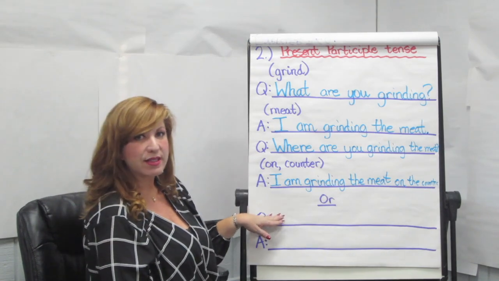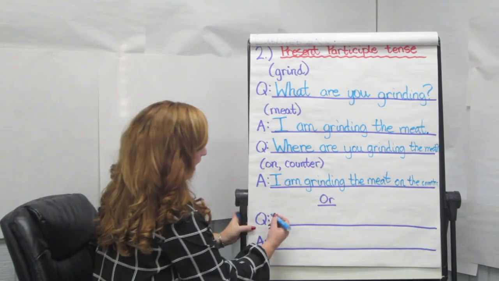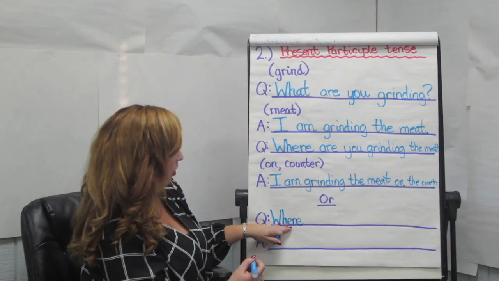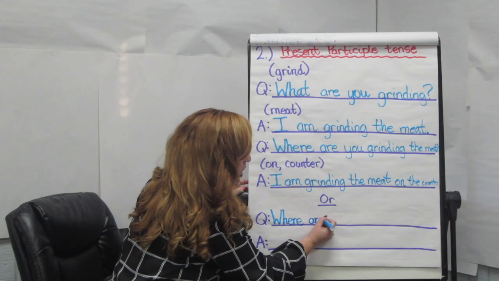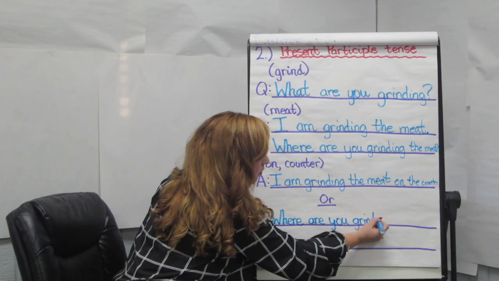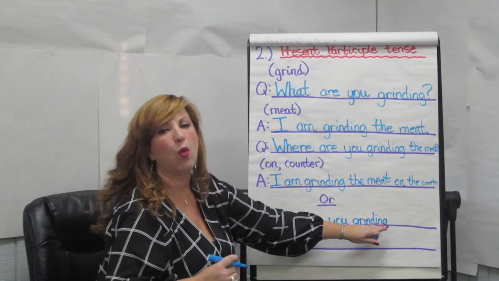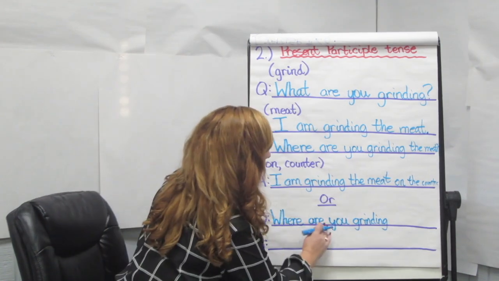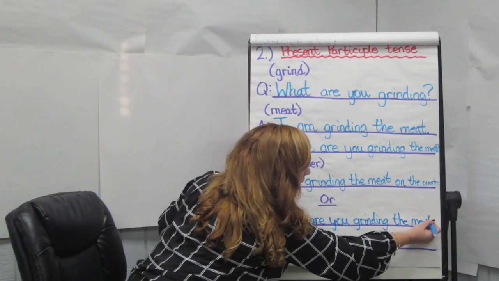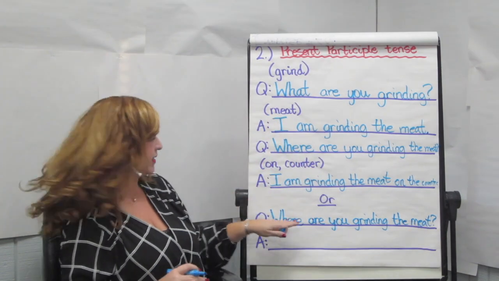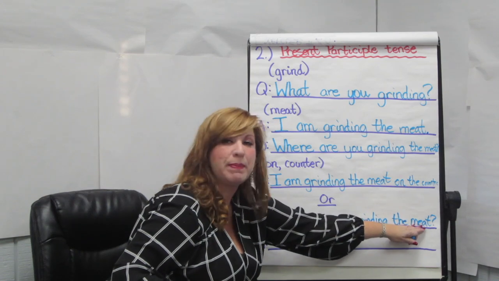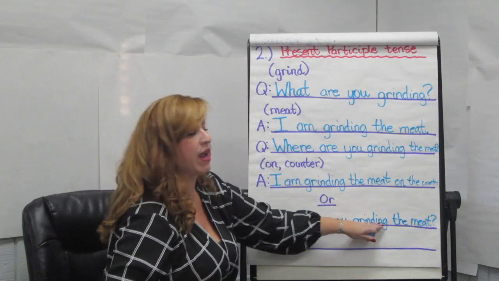So when I ask my question, I'm going to ask where are you grinding? And my what is the meat. Where are you grinding the meat? So here my question is addressing the location and the what, which would be the object, the meat. Where are you grinding the meat?